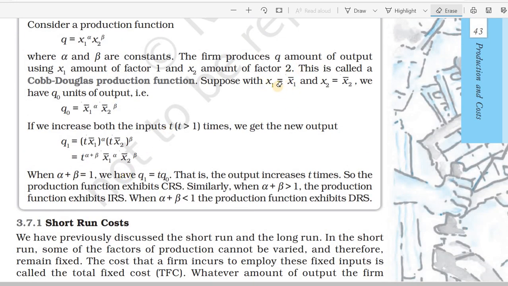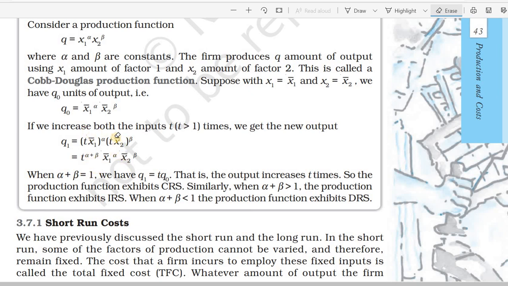Suppose with x1 we write x1 dash and x2 dash, and we have q0 units of output, which we write as x1 dash alpha x2 dash beta. If we increase both t times, we get new output as (t x1 dash) alpha (t x2 dash) beta.